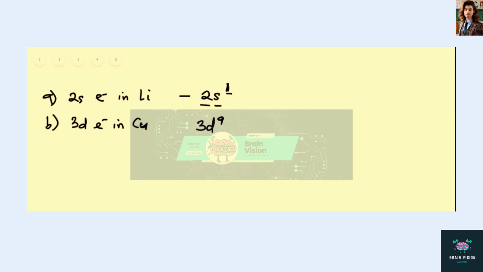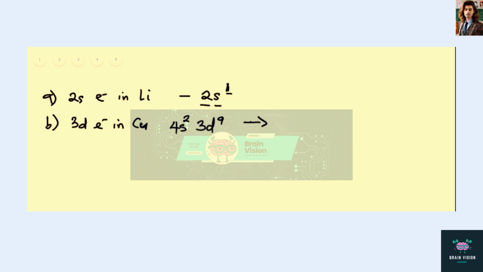there is a special case here with copper, because before the 3d orbital you have the 4s orbital, and the 4s is usually filled first, and that gets filled from calcium. Calcium is 4s2. Then when you get to scandium, you start to fill D1, D2 up till you get to copper, where it's D9.